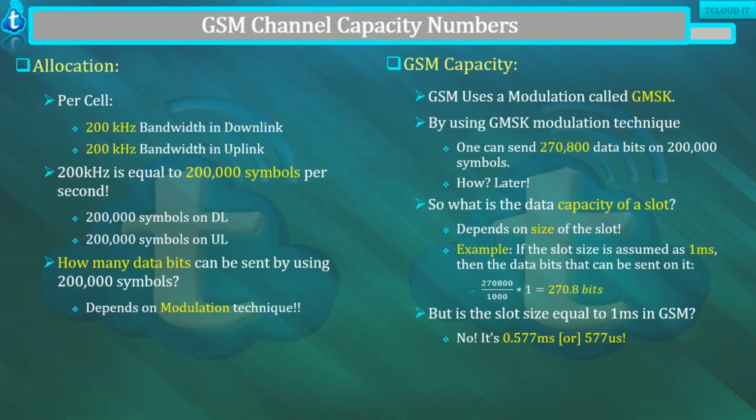They try out many different slot values, and after a great many experiments they finally decided that if the slot size is 0.577 milliseconds, everything looks good and GSM mobile phones work perfectly.